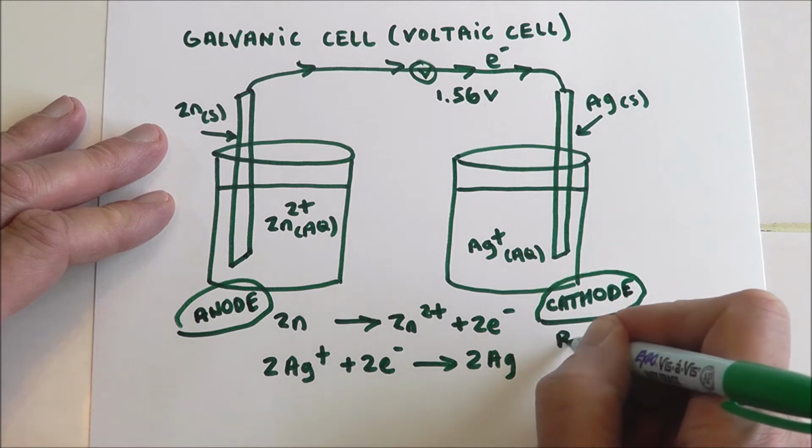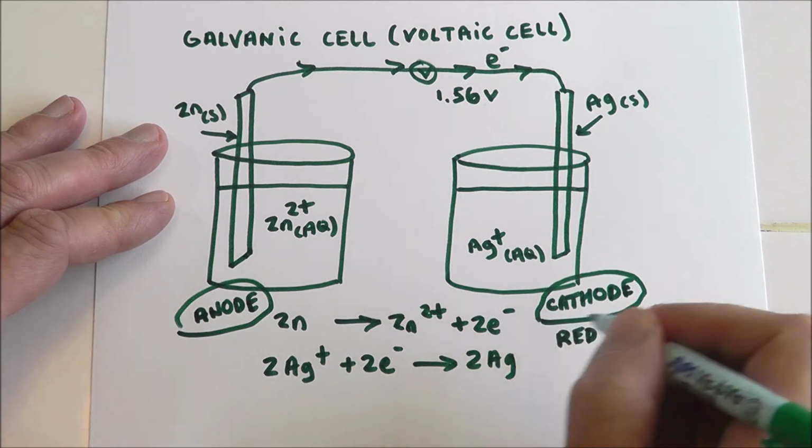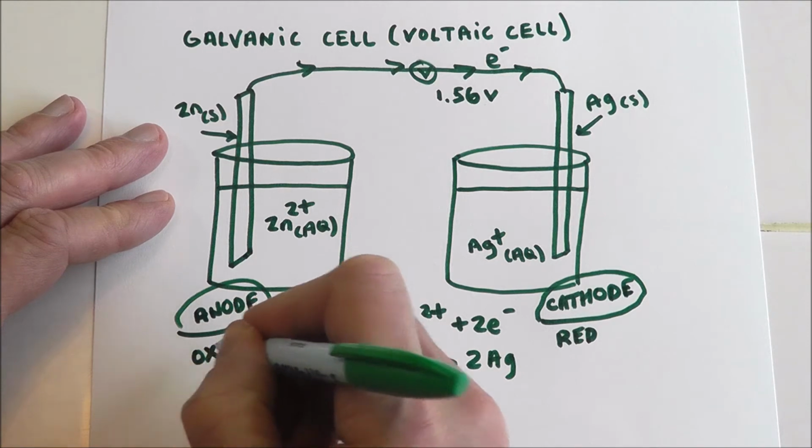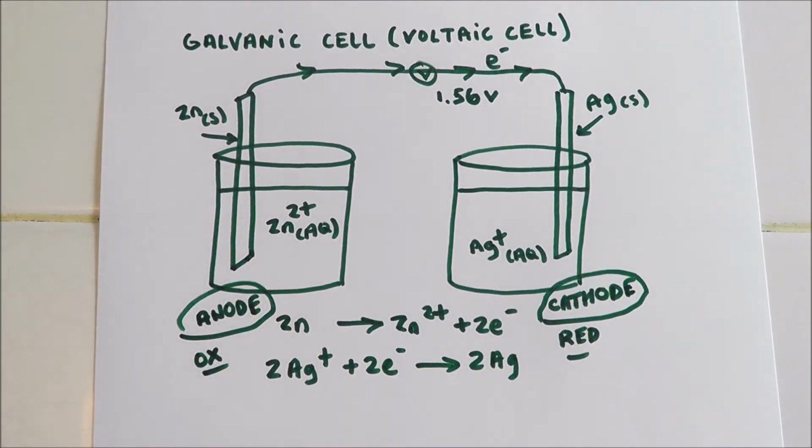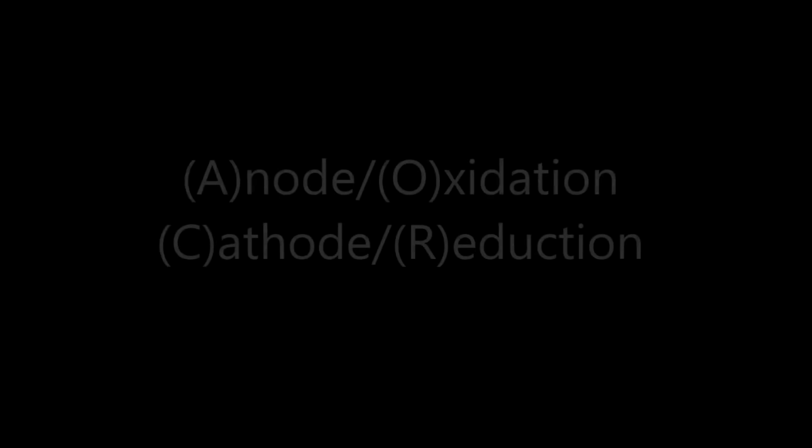Cathode is where the reduction happens. Anode is where the oxidation happens. The two vowels go with each other, and the two consonants go with each other. So oxidation is always occurring at the anode, and reduction is always occurring at the cathode. That'll help keep you straight.